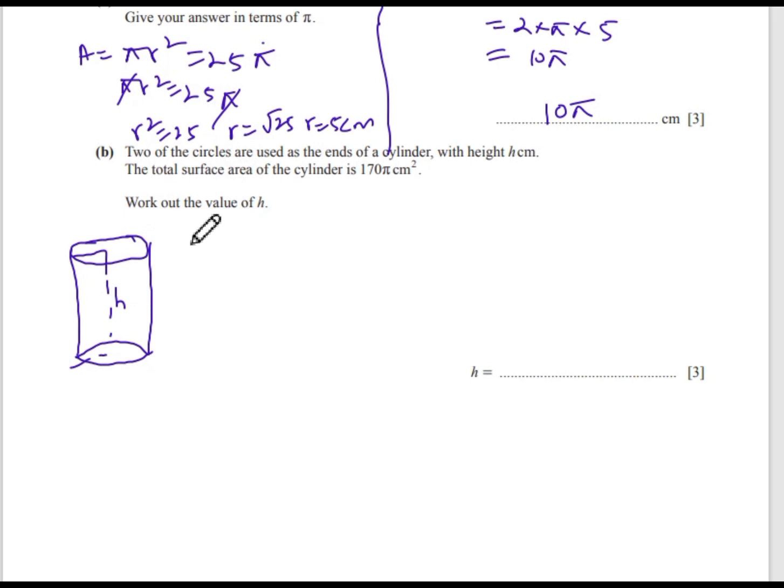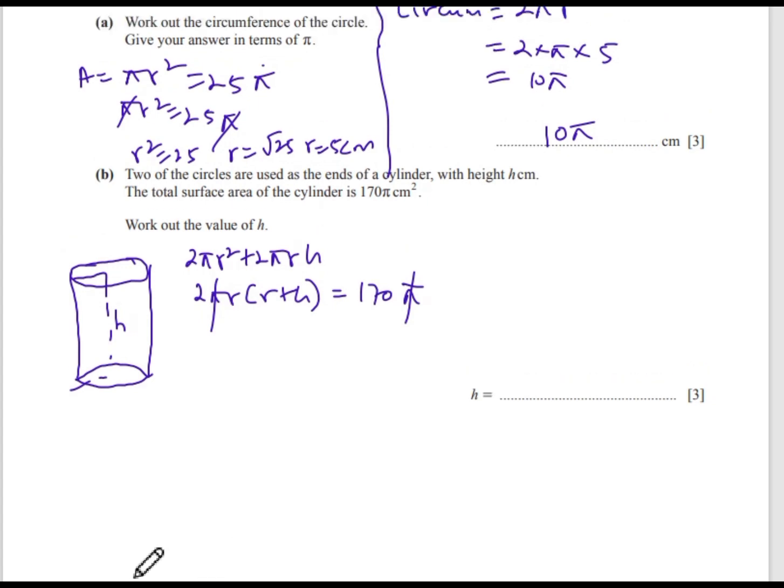The total surface area of a cylinder is given by 2 pi r squared plus 2 pi rh. That is 2 pi r open bracket r plus h. And we are told that this is equal to 170 pi. Pi cancels out pi, as you can see here.